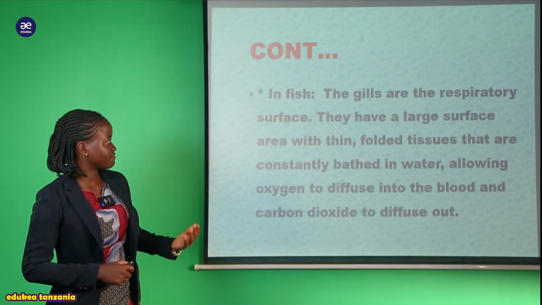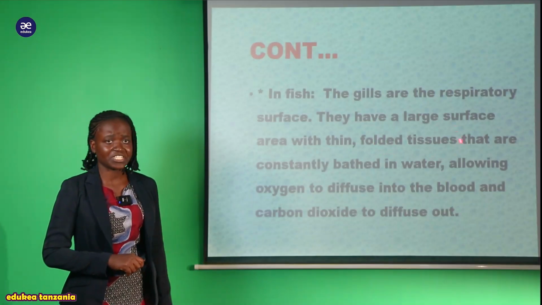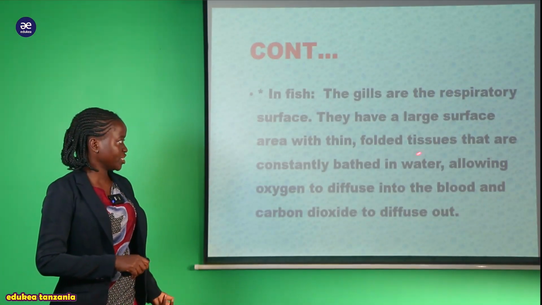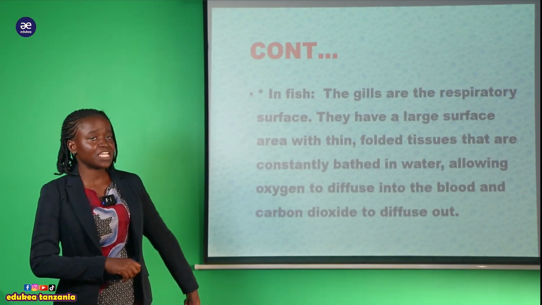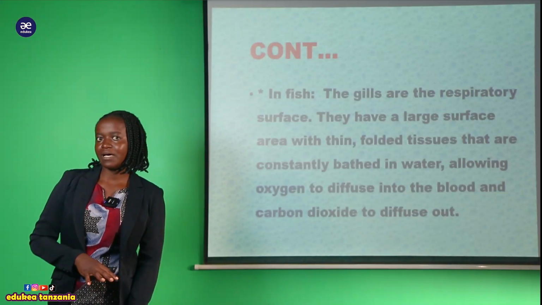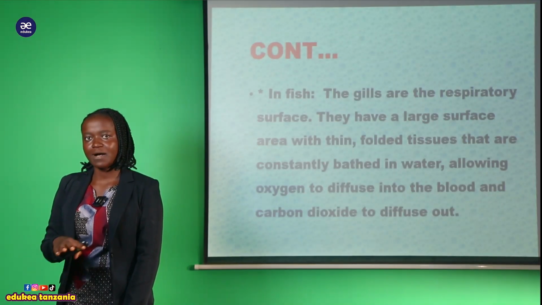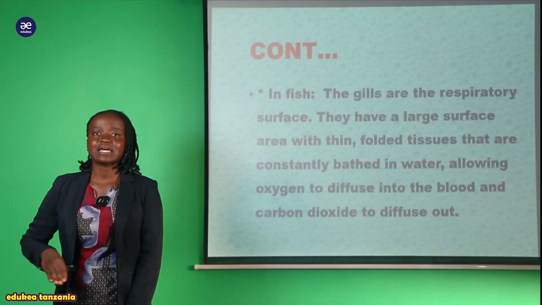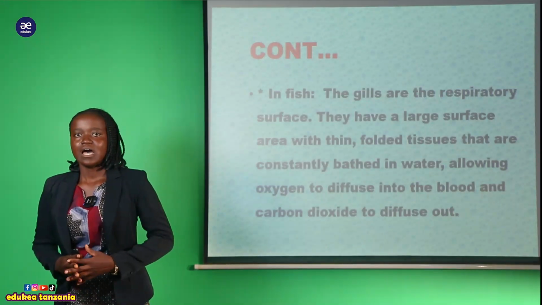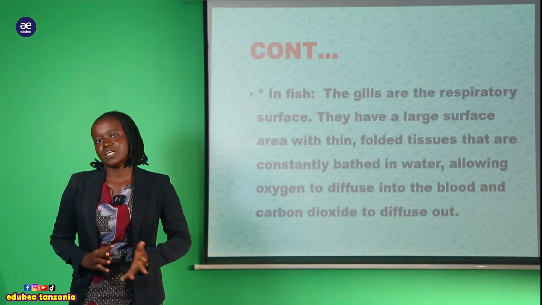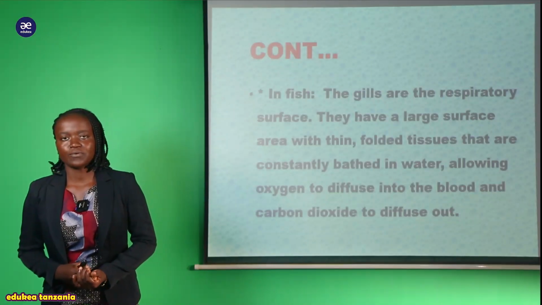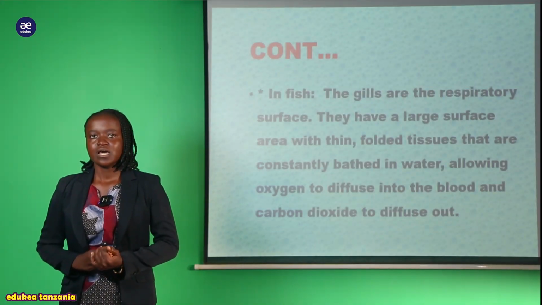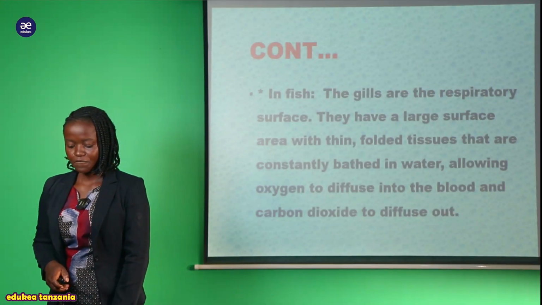But also here we have seen that it has a folded tissue. This folded tissue ambayo inakuwa constantly bathed in water. Tunasema kwamba hii folded tissue ndiyo ambayo sasa ina allow ile oxygen ambayo inapatikana ndani ya maji iweze kuingia within the gills. Thereafter the exchange can occur within the gills which are found within the fish.